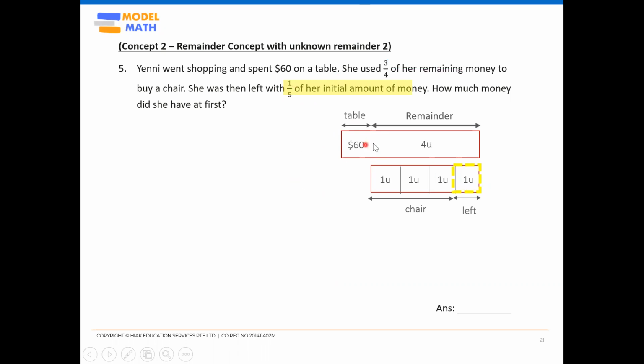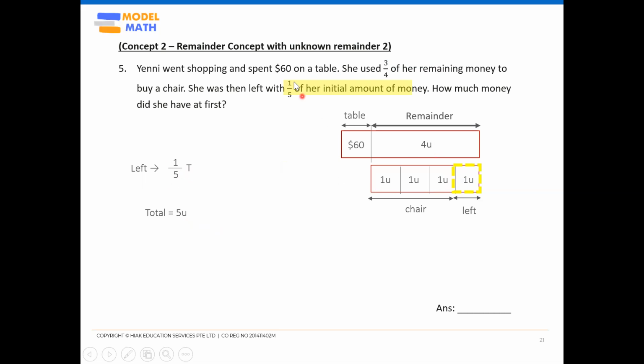So we can safely say that this will be 1U, 1U, 1U, 1U. Then, of course, your remainder here will be 4 units. Rewriting from my fraction, left is one-fifth of the total, where T means the total. So total will be 5 units, from your denominator here.